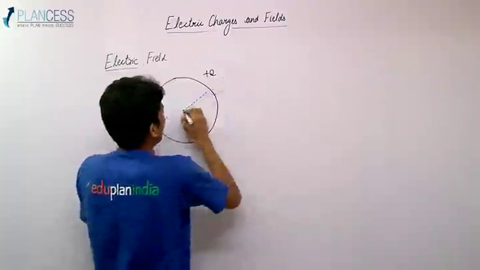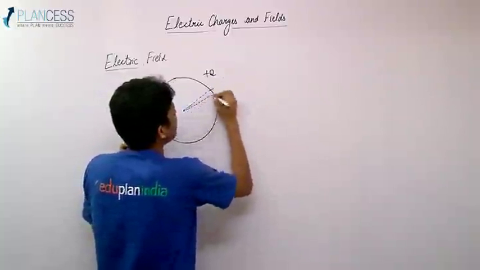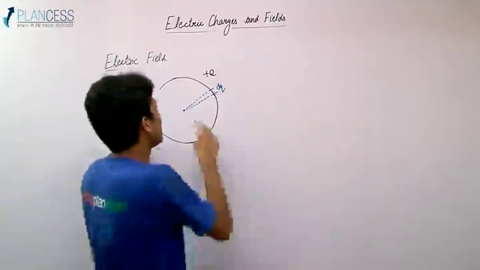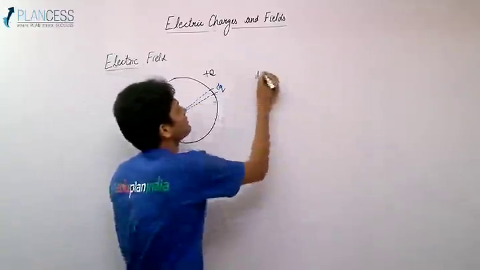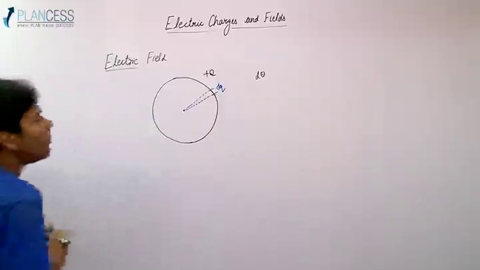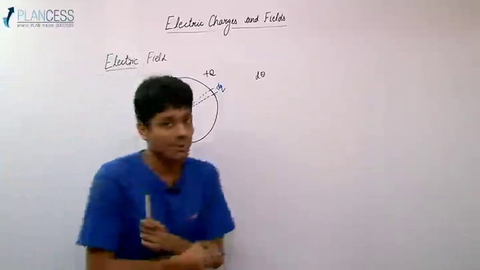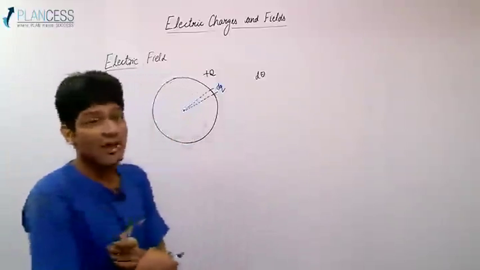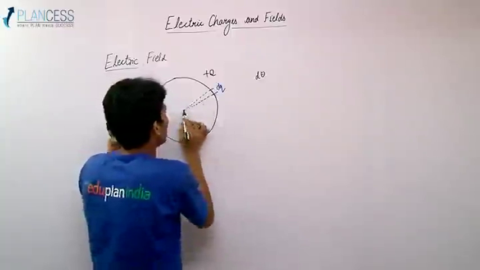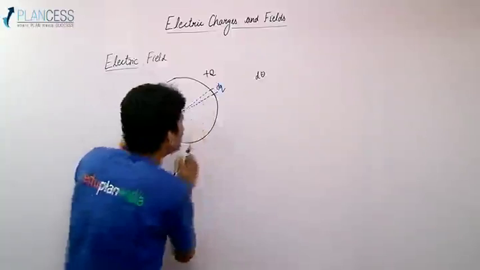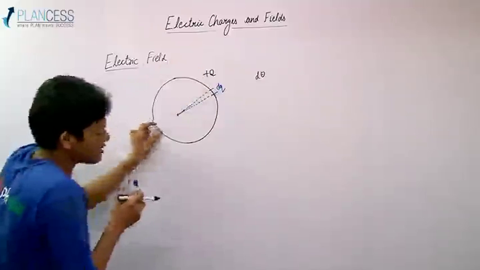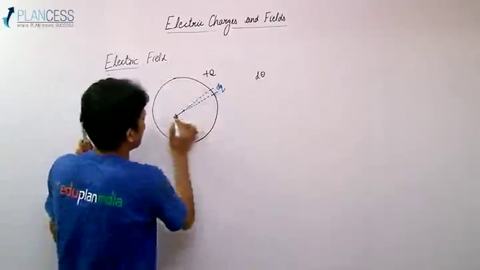I take a small angle d theta and make an element which contains a charge dq. This dq charge can be considered as a point charge, and it will exert an electric field at the center in this direction. Similarly, consider the diametrically opposite dq charge here.